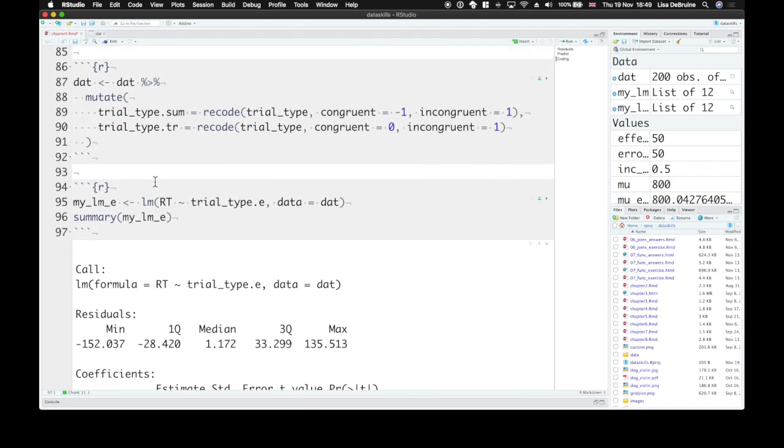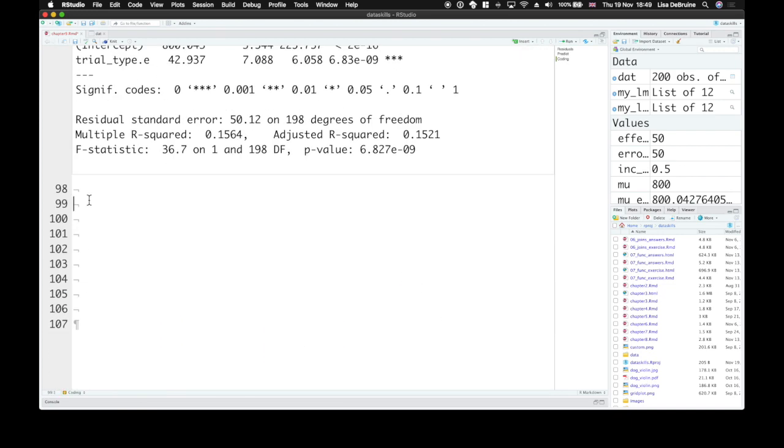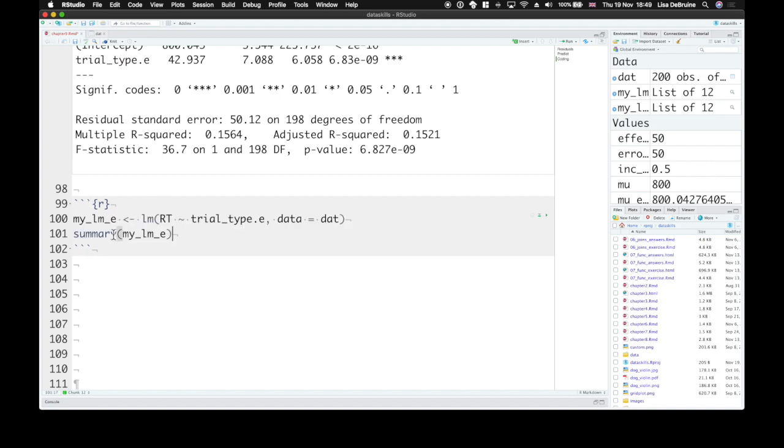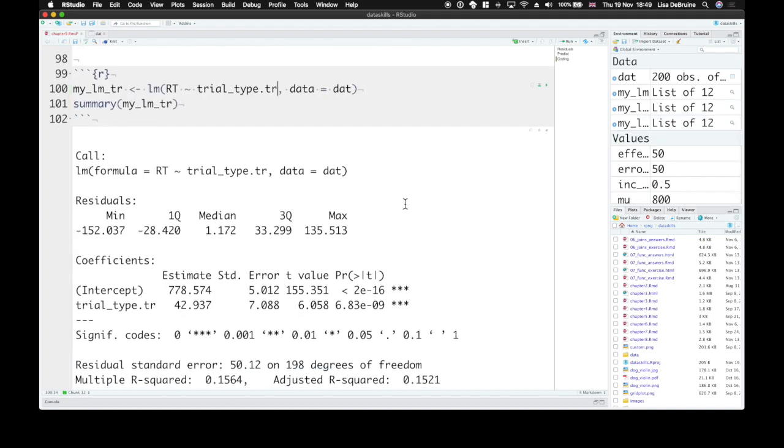Now we can look at treatment. So our treatment coding. Remember, this is where congruent trials are coded 0 and incongruent trials are coded 1. So they're still 1 unit apart. But here, this changes the value of our intercept. It's now 778.